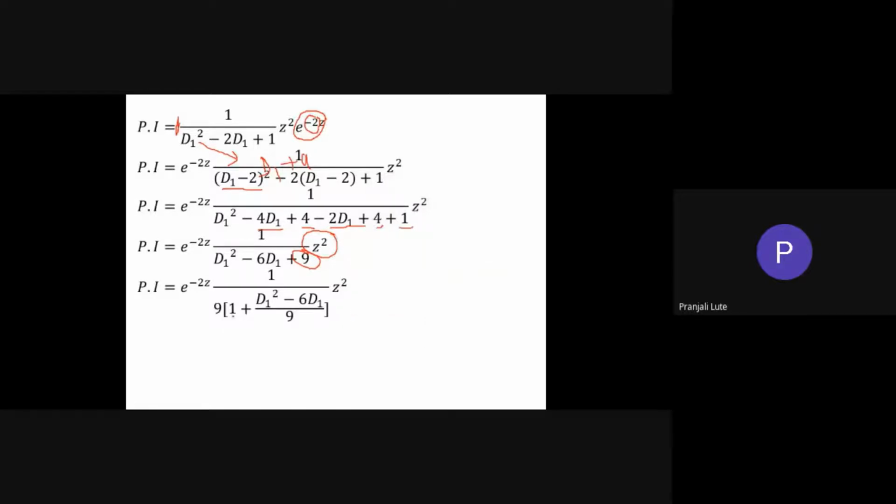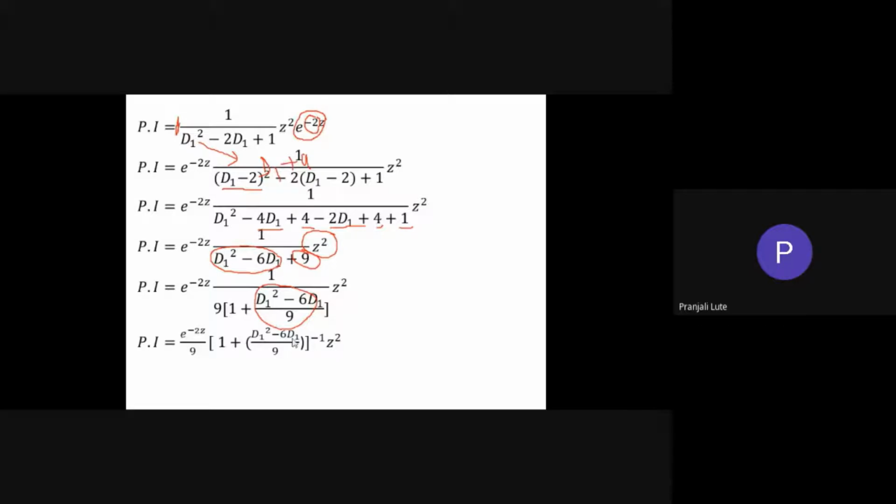This is in the form of 1 plus x. So we have to shift this term to the numerator, and that will be (1 plus x) inverse. So the next step: e to the power minus 2z upon 9, (1 plus this whole term, which is supposed to be x) inverse.